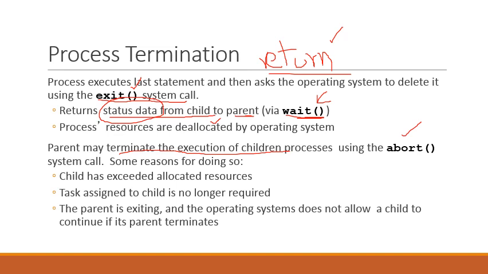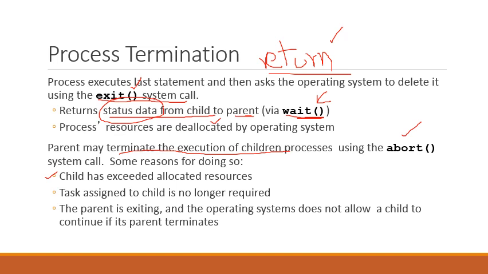Some of the reasons why the parent process will do so are, first, that the child has exceeded its allocated resources. So if a child process has exceeded its allocated resources, the parent can terminate the child process using the abort system call.